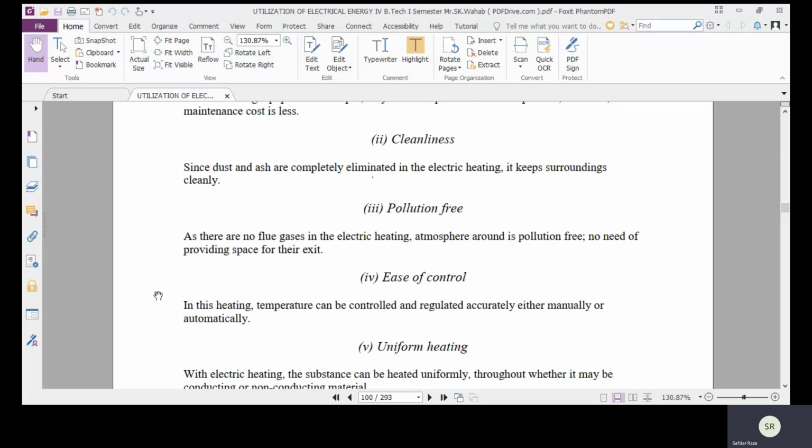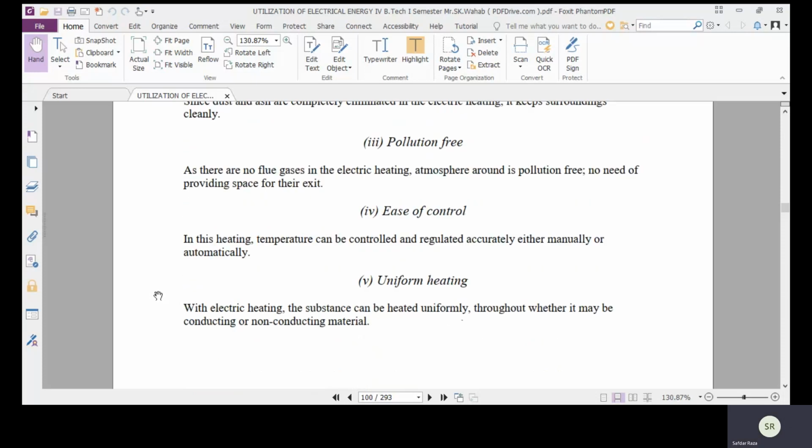However, in conventional heating, the major component in the flue gas is sulfur. So it is better to treat the smoke, it is better to treat the flue gases to remove very hazardous components from the gas. The next one is the ease of control.